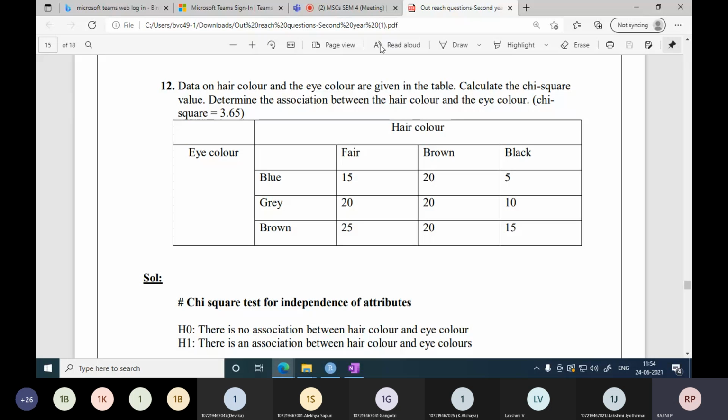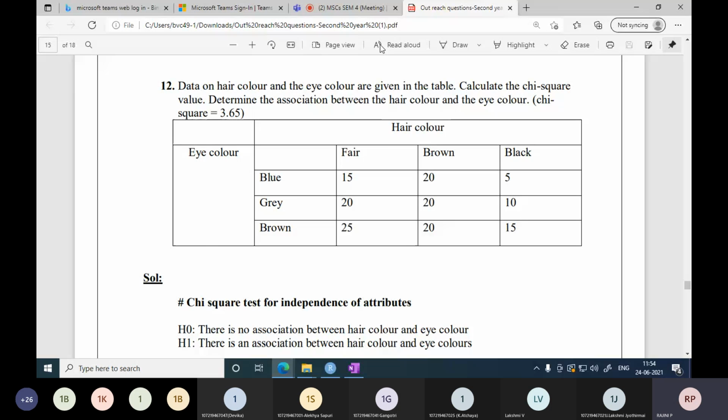Both the attributes are independent. Independent means there is no association. And what is the alternative? The attributes are not independent, meaning the attributes have an association. A relation exists between these two. Is it clear? Yes, ma'am.